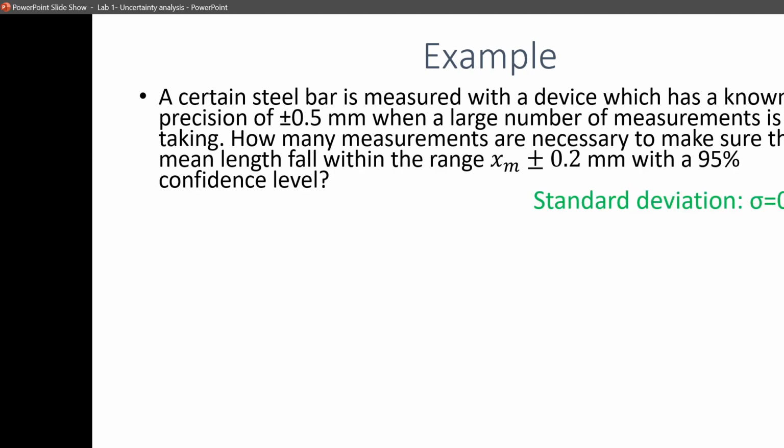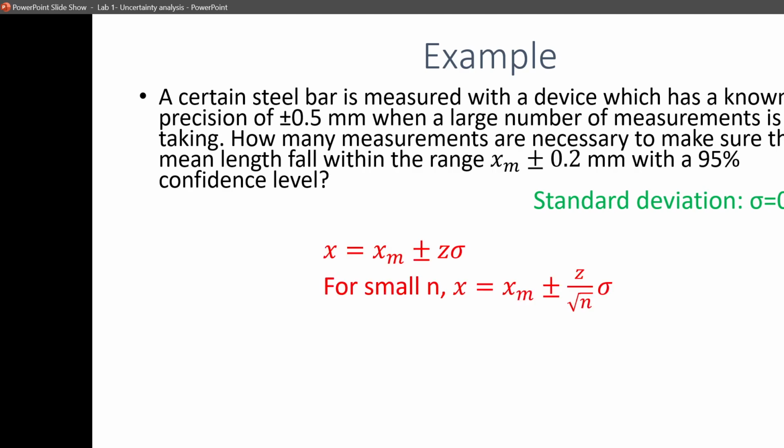Okay, so we have a precision of plus minus 0.5 millimeters, which tells us the standard deviation for us has to be 0.5 millimeters. We want to know the minimum number of measurements here.